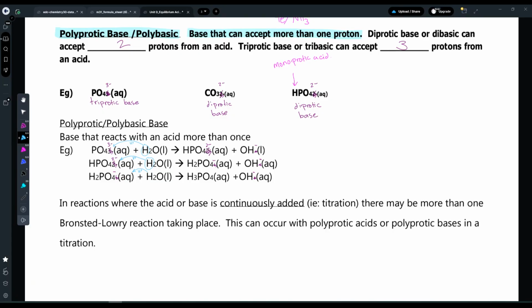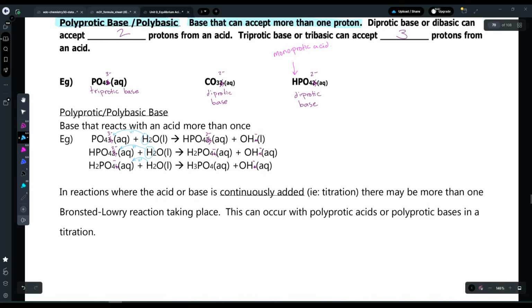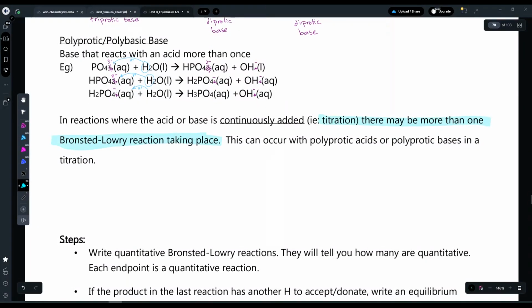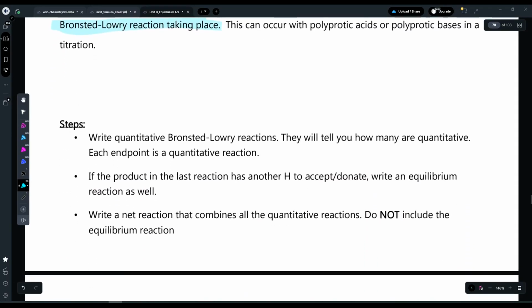So this is going to happen with either polyprotic acids or polyprotic bases in titrations. So the steps for how you would write these reactions that are happening throughout a titration are as follows.